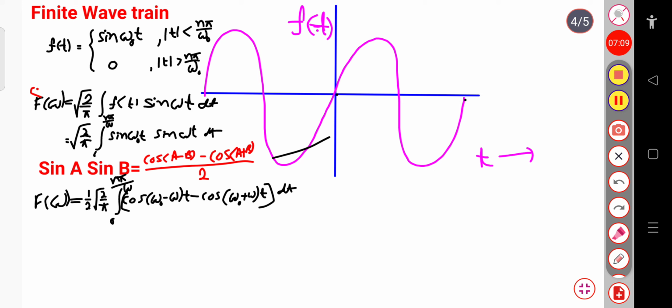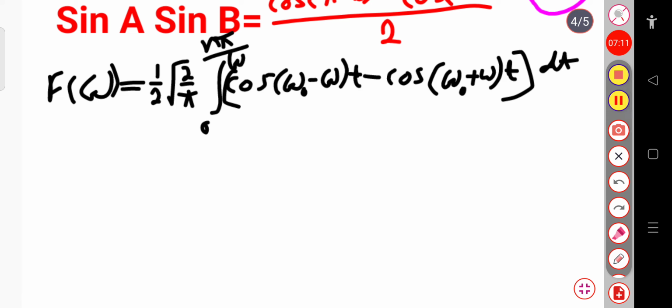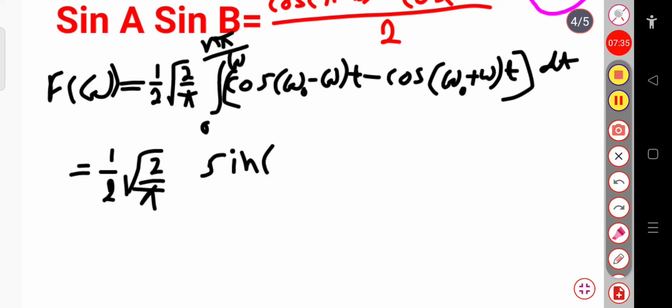Now if we integrate this term, this will be equal to 1 by 2 into root over 2 by pi, integration from 0 to n pi by omega. I am directly calculating the integration value. The cosine integration is sine (omega naught minus omega) into t divided by omega naught minus omega, for the first part.